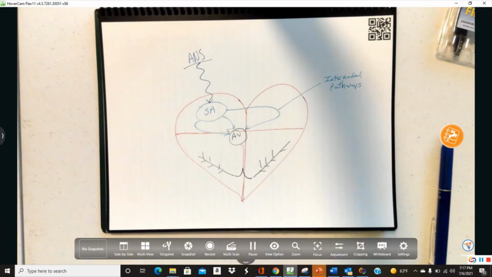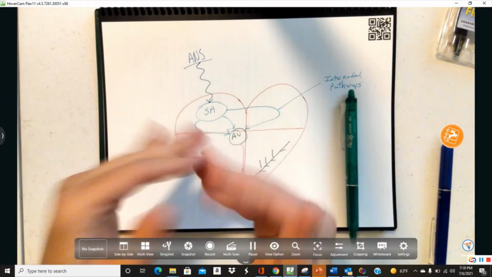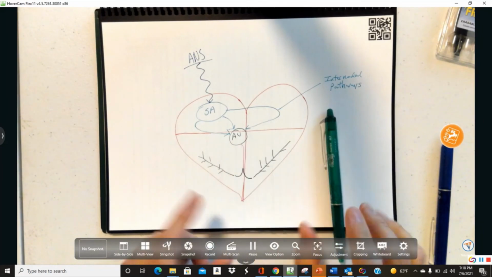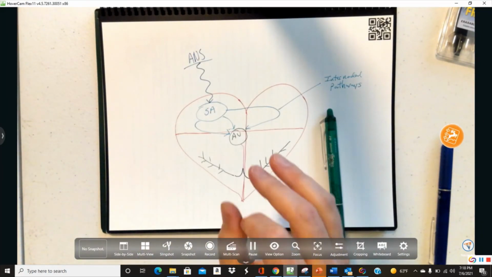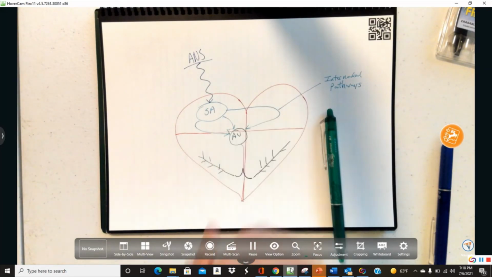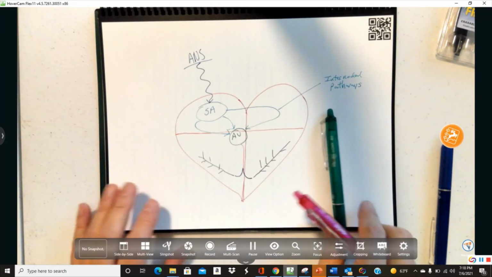The SA node is the one saying, come on, let's go, let's go. The AV node is more like, no, let's stop and smell the roses. Let's wait about 100 milliseconds, a fraction of a second. And he does, and he delays it. So that's the AV node.